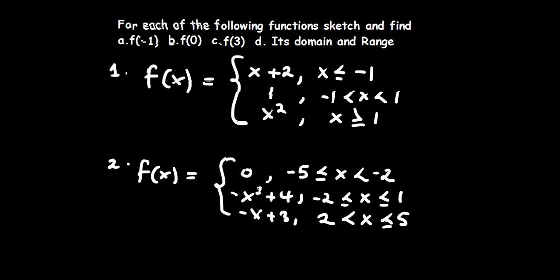So now let us sketch this function. Let us start with number 1. The way we sketch is on an x-y plane like this. We have our y there and our x there. So how do we sketch?